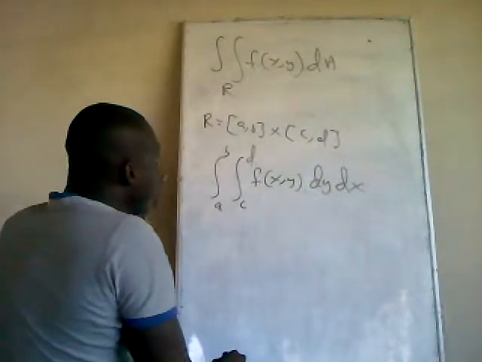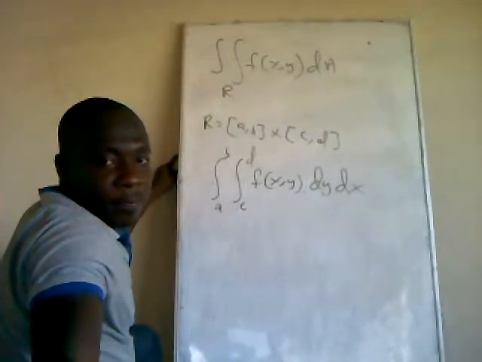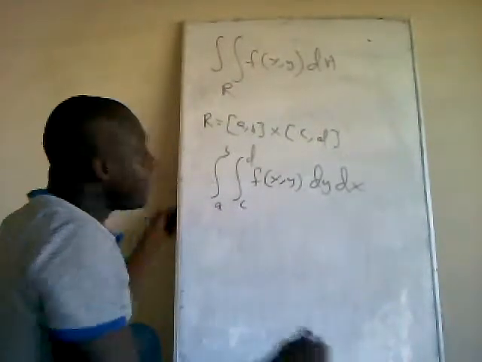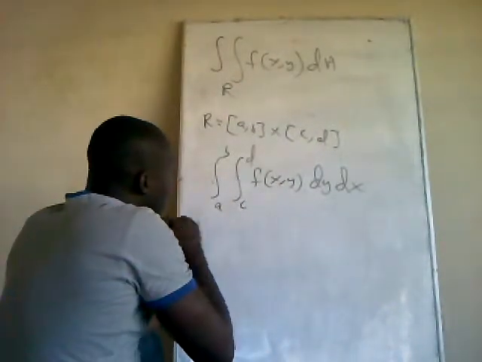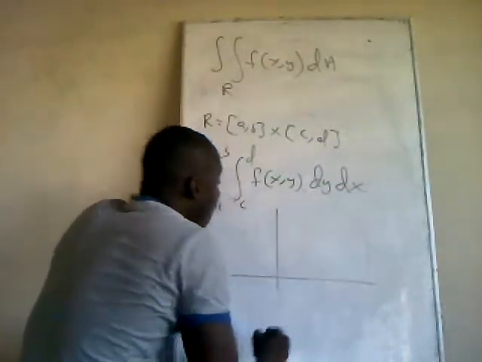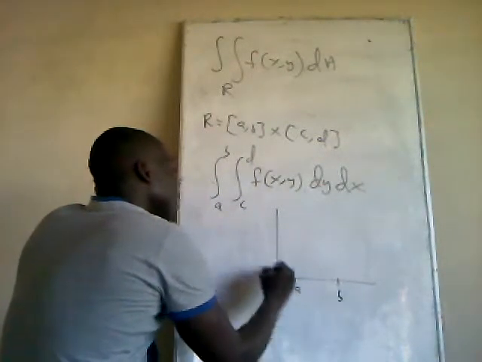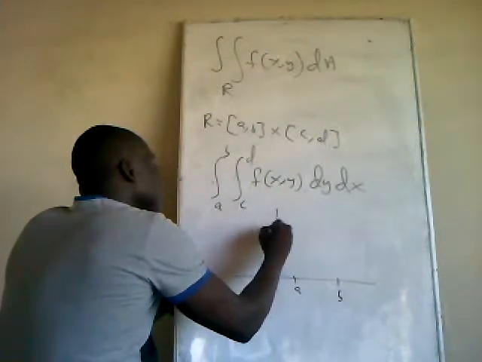Setting up this, if I draw my region, x is between a and b, and y between c and d.